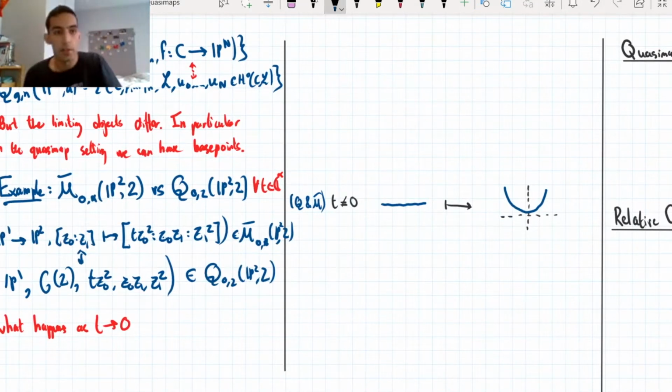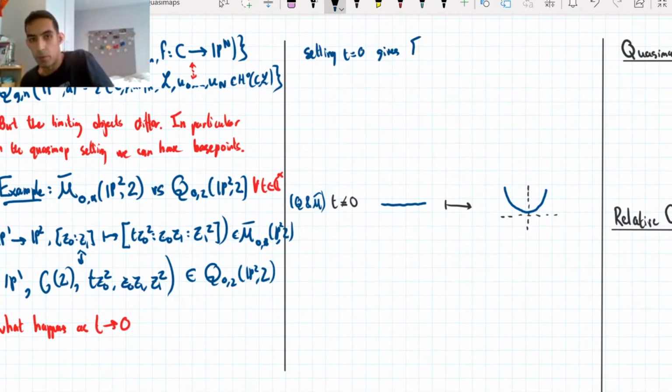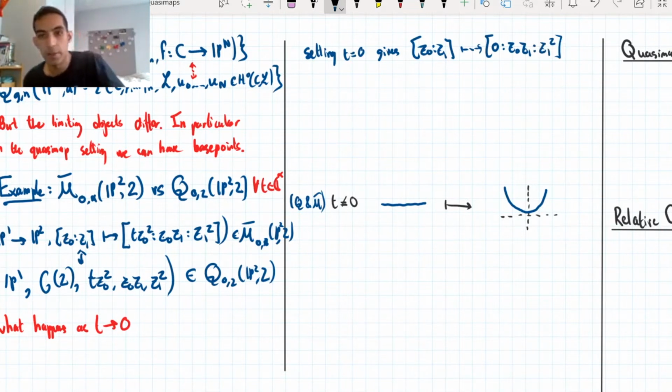Okay, so setting t equals 0 gives me this thing, but this is not defined everywhere. If Z1 equals 0, this isn't defined.